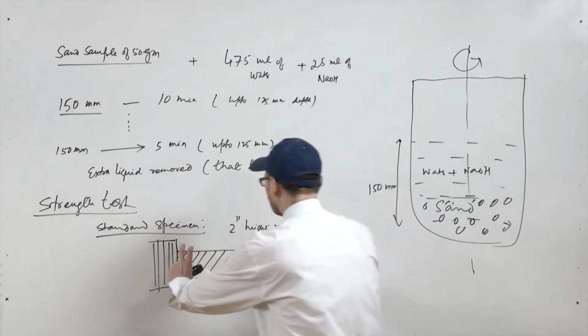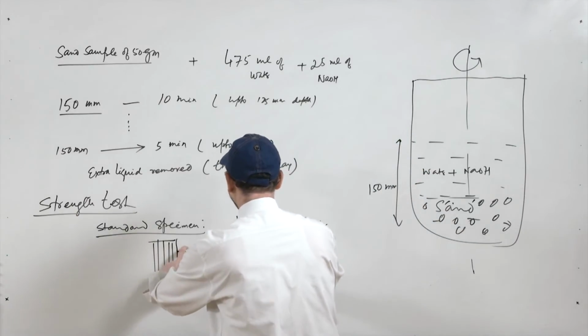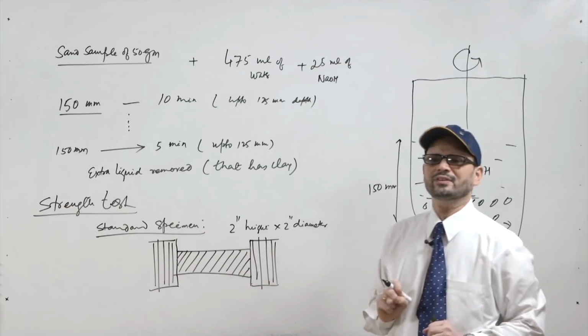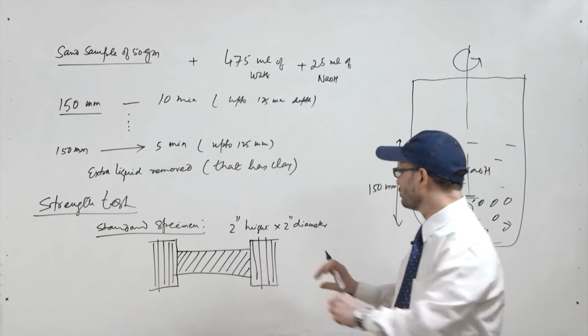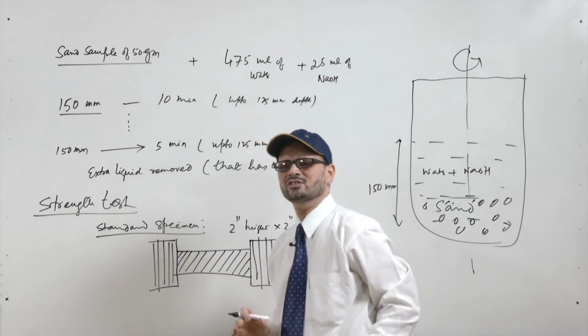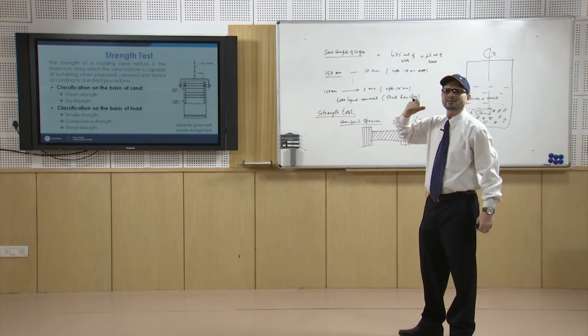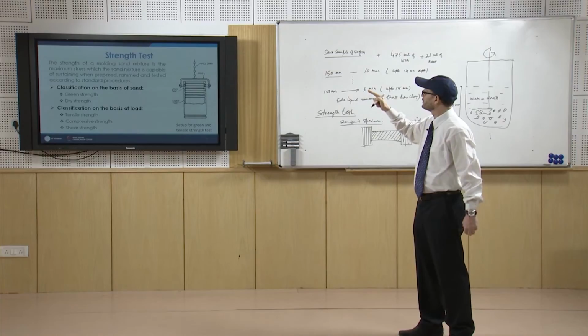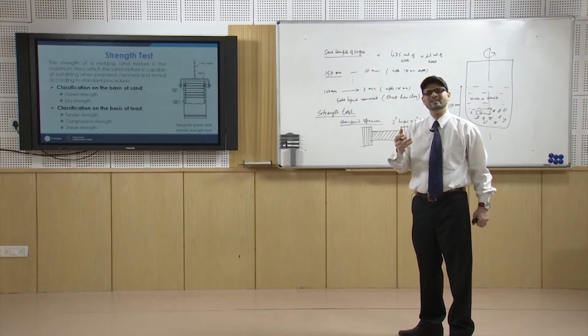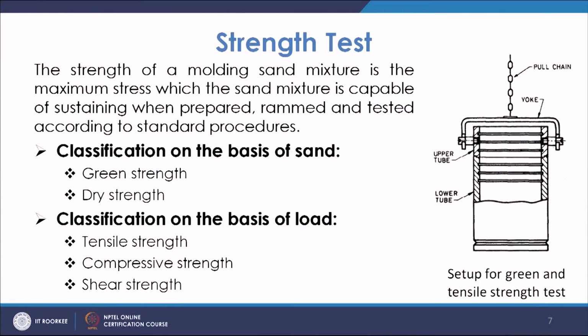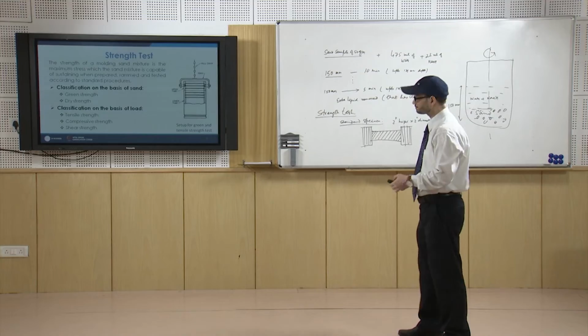You may have a holder to catch this at the points, and then you may have the tensile test, or you may have the shear test on this specimen. So, there are different kinds of testing on the sand to find the strength, either of tensile or compressive or shear nature.